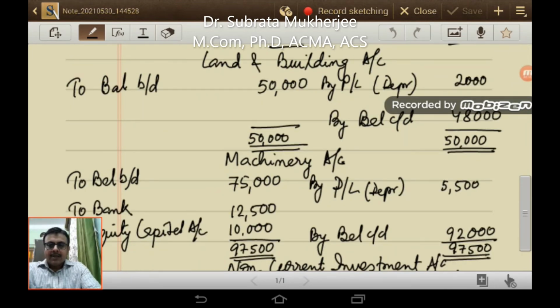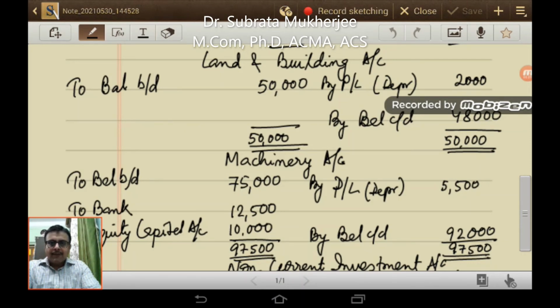Now there is a depreciation on land and building for rupees 2,000. It is given in the additional information, but there is no sale of machinery. So the balancing figure in the machinery account represents the amount of depreciation, which is rupees 5,500, and this will be entered in the profit and loss account.